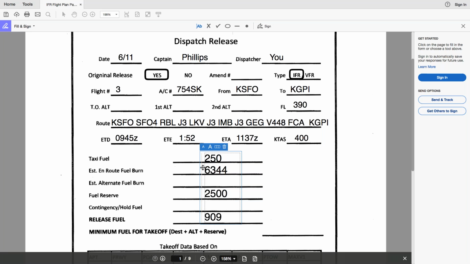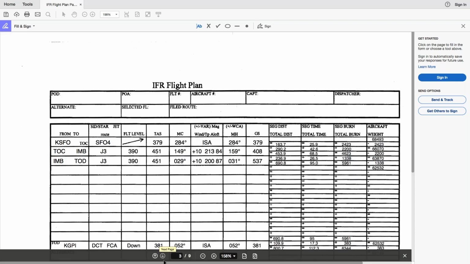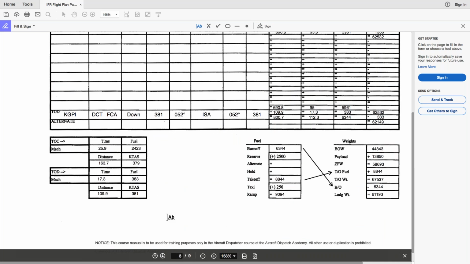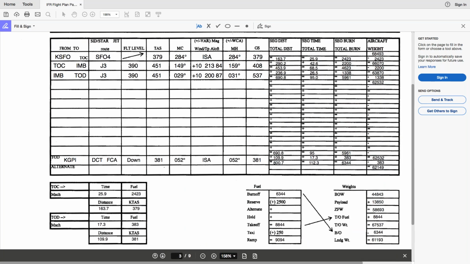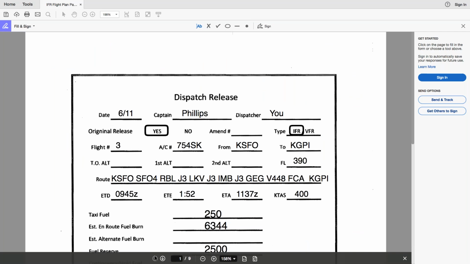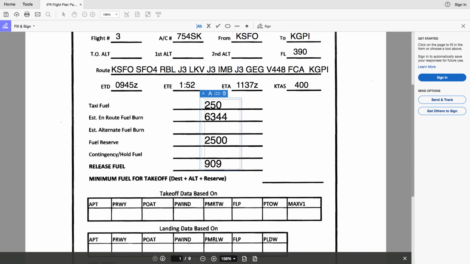Came out to 90, 90, 9094. Okay, Minto fuel, we just take off the 250, and that gives us 88.44.